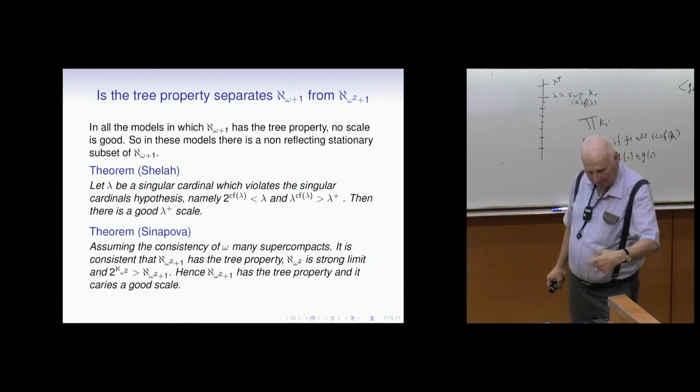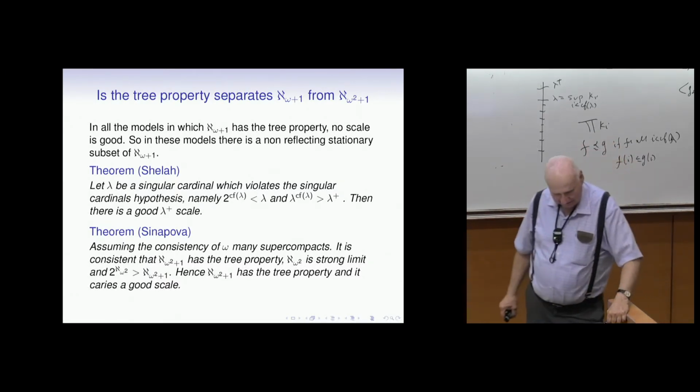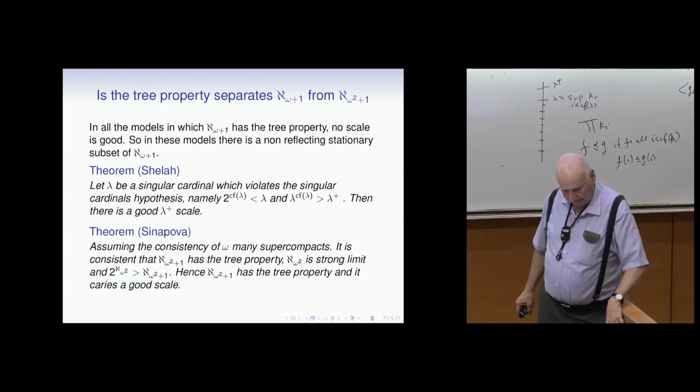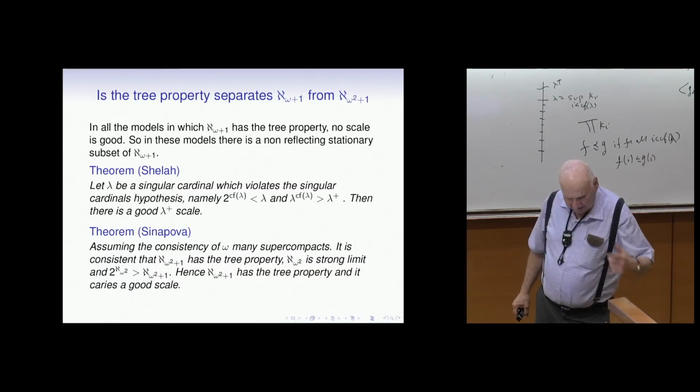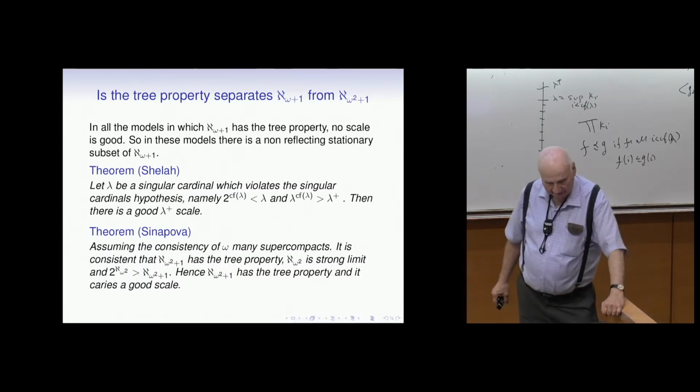There is a preliminary result, an important result of Neyman, that tells you that, using again omega many supercompacts, you can have a singular cardinal violating the singular cardinal hypothesis, having the successor having the tree property. ℵω2 got it down to Aleph Omega square.